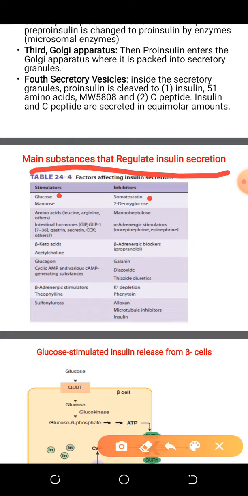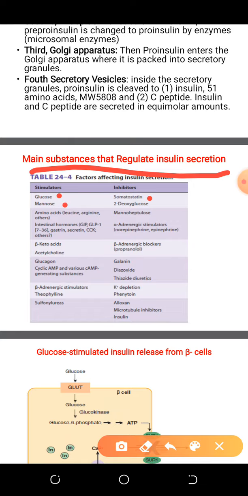So one of the functions of somatostatin is inhibitory. The major potent stimulant of insulin secretion is glucose. This glucose is found in the diet. That's why every day we are always eating glucose-containing foods. The reason is because we want insulin secretion, and insulin helps in absorption of glucose into cells.